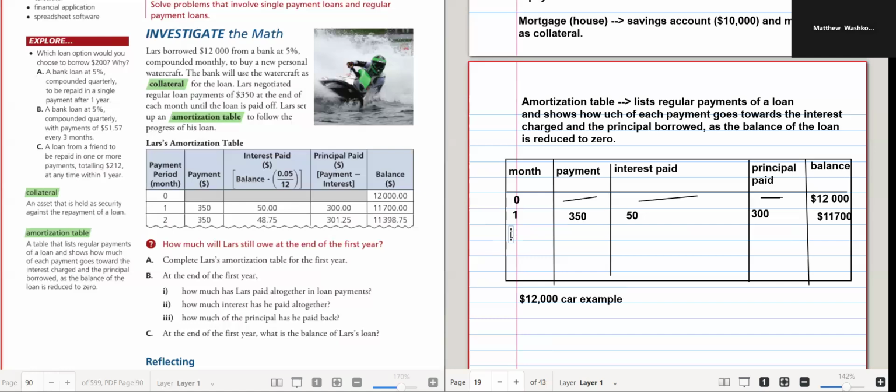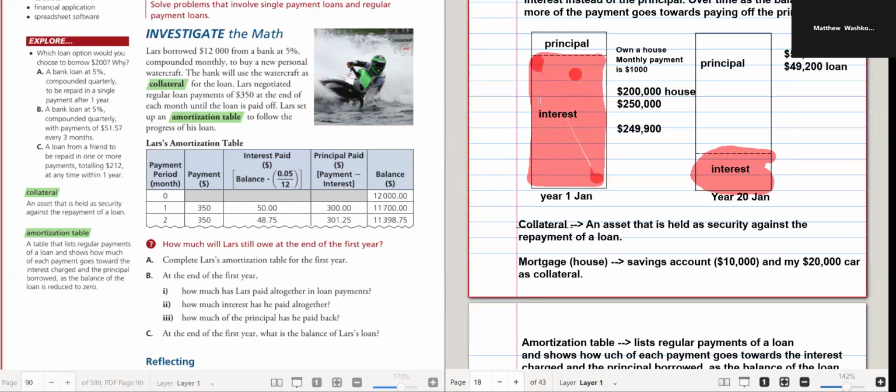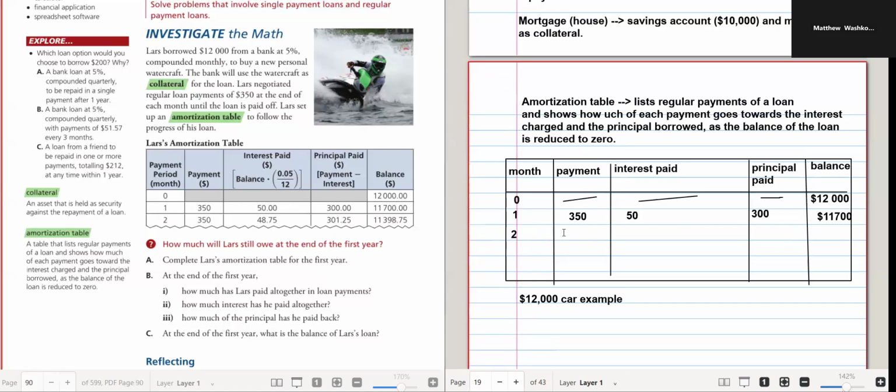On month 2, remember, as the loan gets older, this shifts. So I'm still doing a $350 payment, but now my interest paid is only $48.75. So my interest has gone down a little bit. Of that $350, more of it is now going to my principal, which means more of it is going to my total balance of how much I owe for the car.